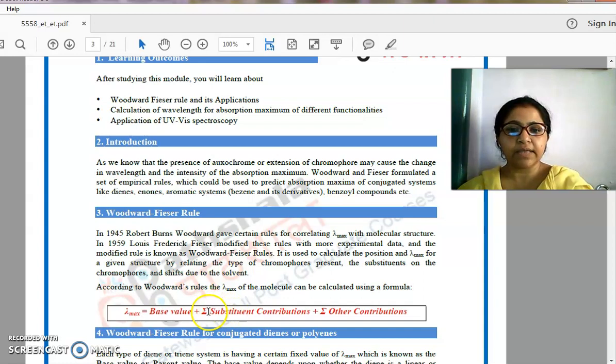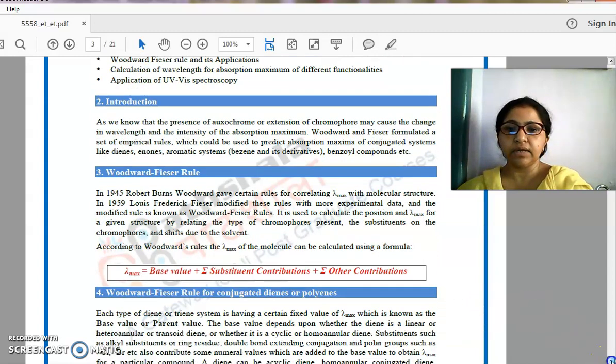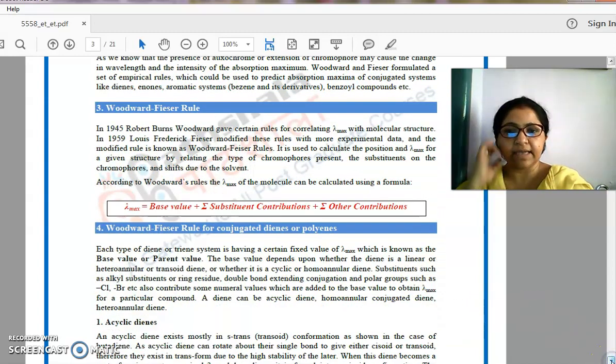Based on those substituent contributions, there will be accordingly some addition of those values to the base value. If you see one or two examples, you will definitely understand this. This is a raw or a kind of skeleton formula. Then we will go to exactly what it is.